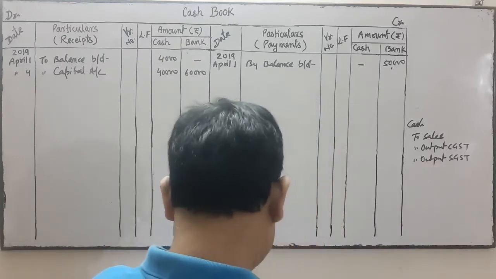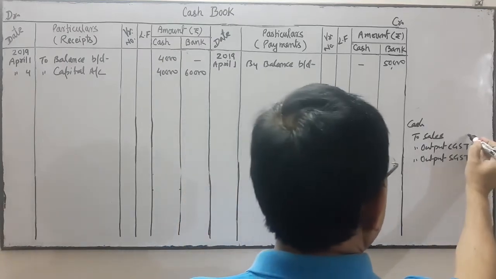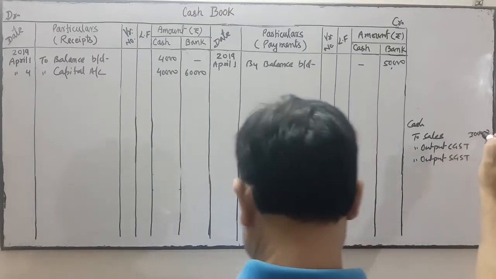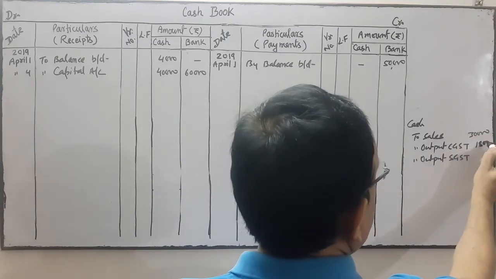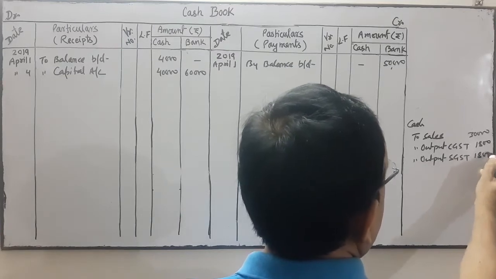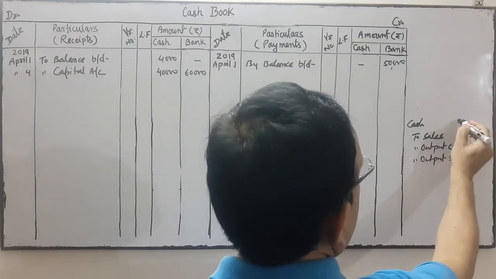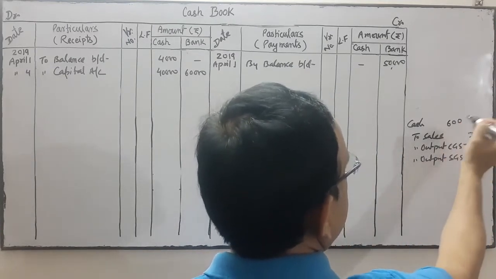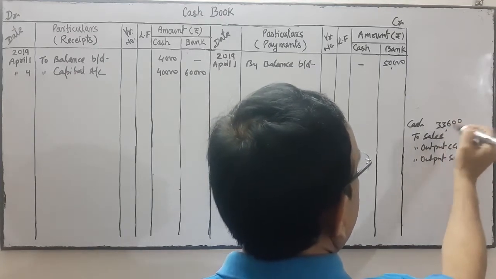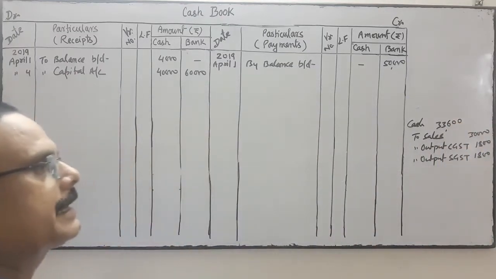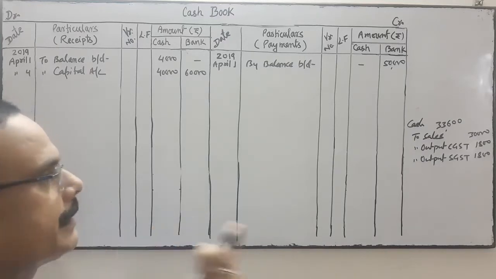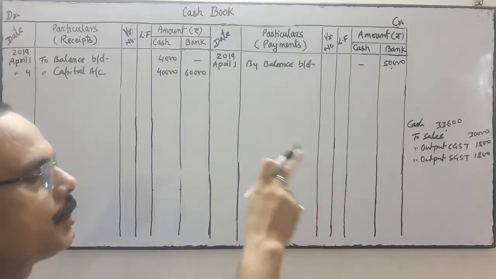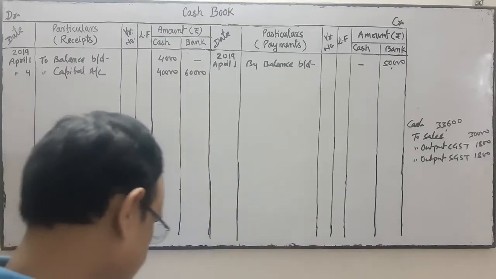Sales is 30,000. CGST is 6%. 6% of 30,000 is 1,800 and 1,800. Total will be 33,600. Cash account debit 33,600 to sales account 30,000, to output CGST, to output SGST.